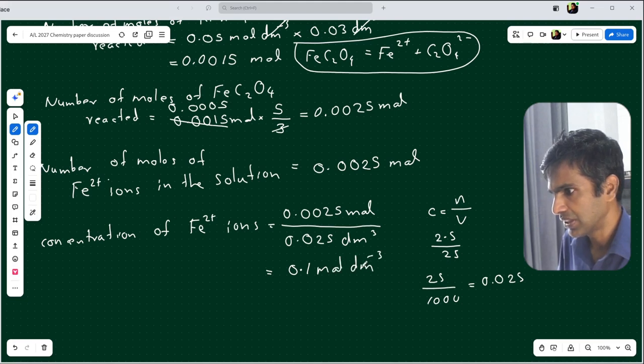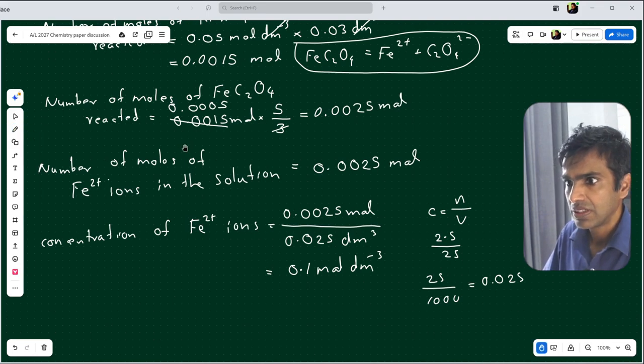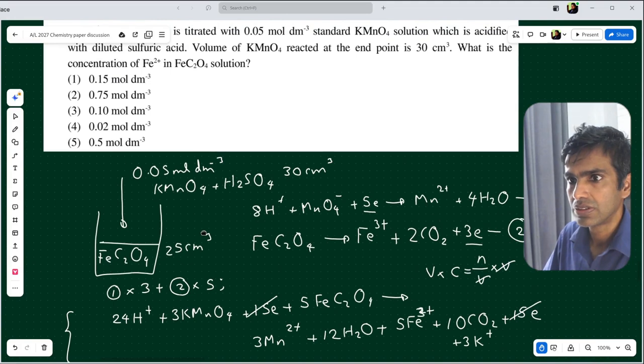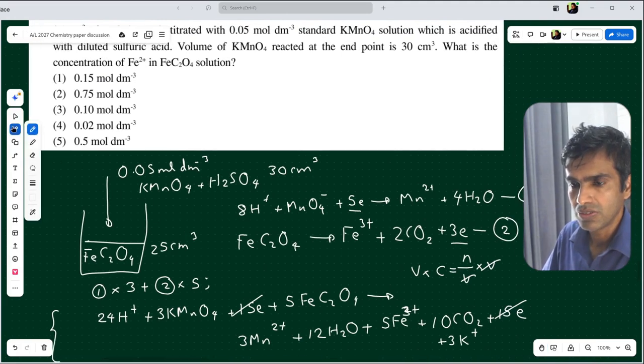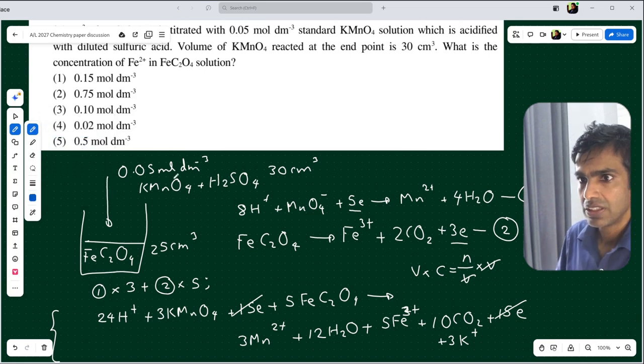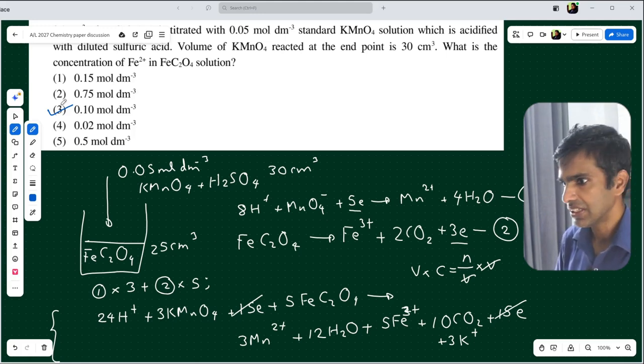Moles per cubic decimeter. So it is 0.1 moles per cubic decimeter is the concentration of ferrous ions in the given solution. So we can deduce that the correct answer for this question is the third one. In the third answer, it is given that the concentration is 0.1 moles per cubic decimeter. Therefore, that is the correct answer.